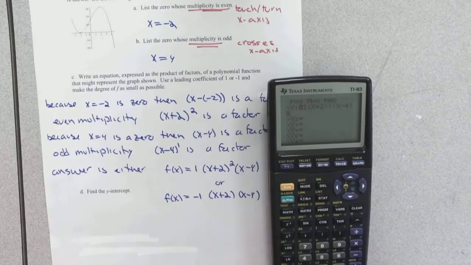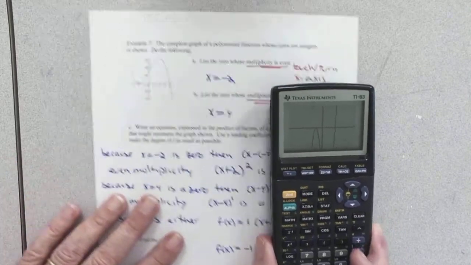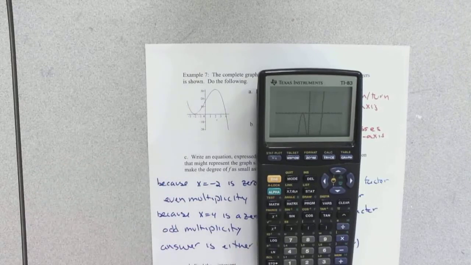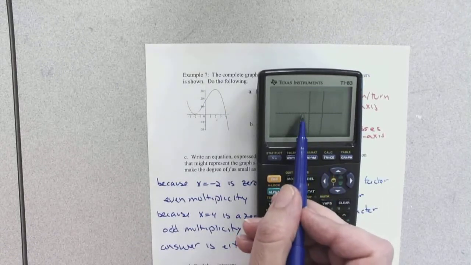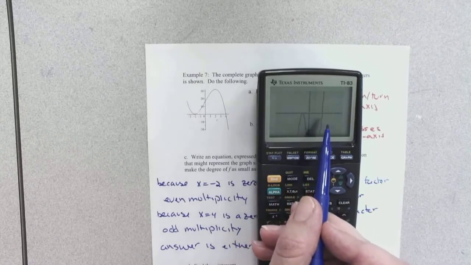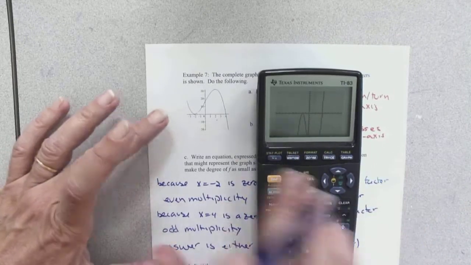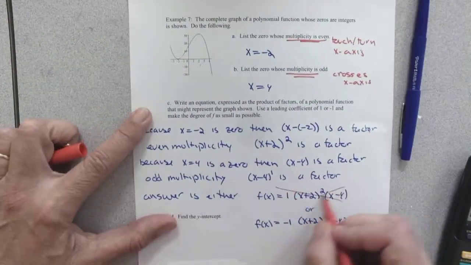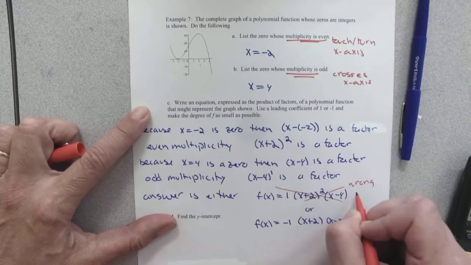Just graph that one, standard window. We'll see what we get. Zoom 6. Now, it's not a great graph, but let's compare that to the picture they gave us. It has the touching and turning okay, it touches and turns where it's supposed to, and it crosses right there, but this has the wrong end behavior. So this isn't it.